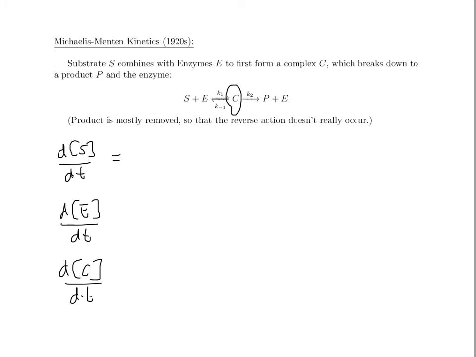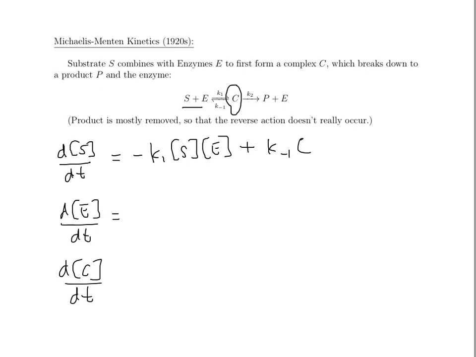So the change in the S, well, we have a chemical reaction with S and the enzyme. That happens at rate K1, so we're going to lose S by that chemical reaction. And we're going to gain S by the back reaction from C. So that's similar to what we saw in previous slides.